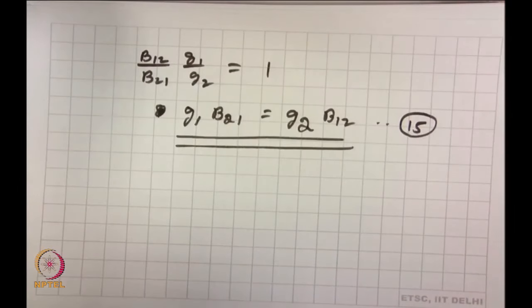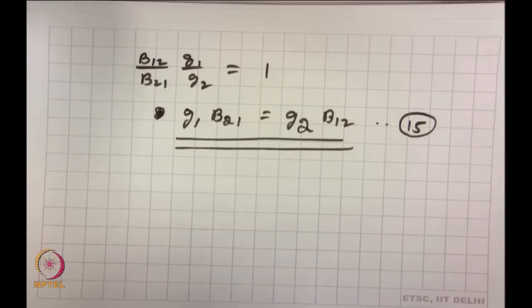Now, let us look at the other fundamental one. G1 into B12. Why? It was g1 by g2, right? Tell me if I am wrong. It is g1 into B21, is not it? Or no? Why? No, B12 over B21 times g1 over g2 is equal to 1, is not it?